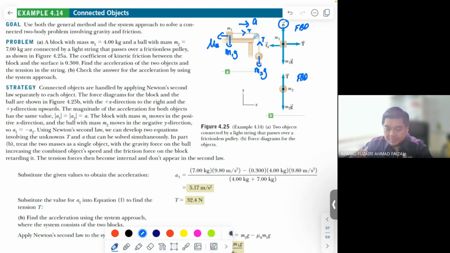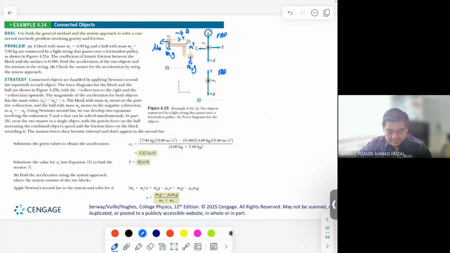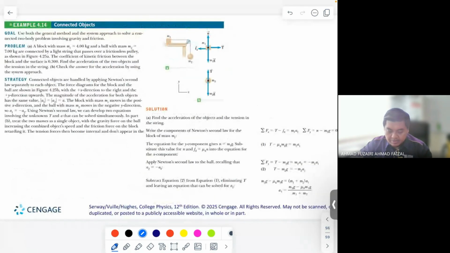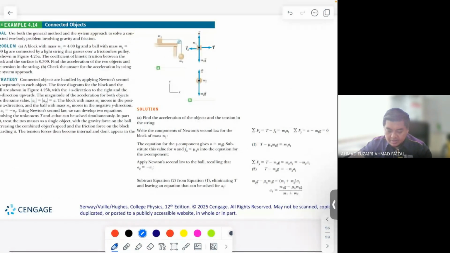When a question involves a pulley and a light string connecting objects, most probably it will ask about tension and also acceleration. When there is a tension, then you can obtain the acceleration. These are how they did it for the first time.